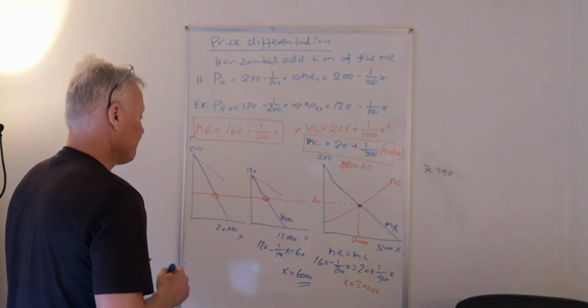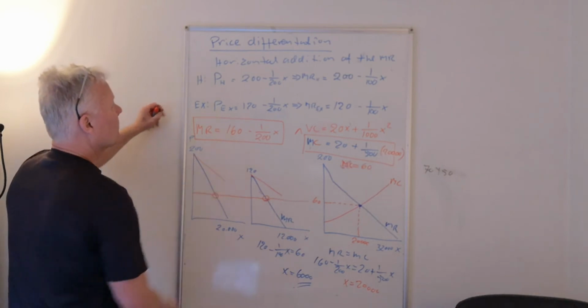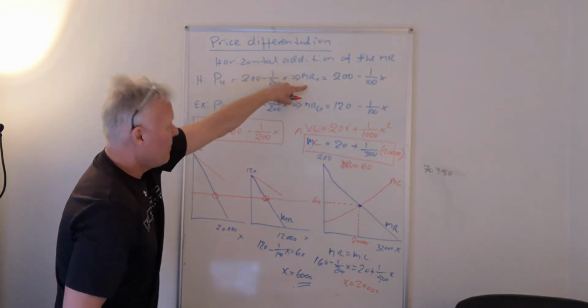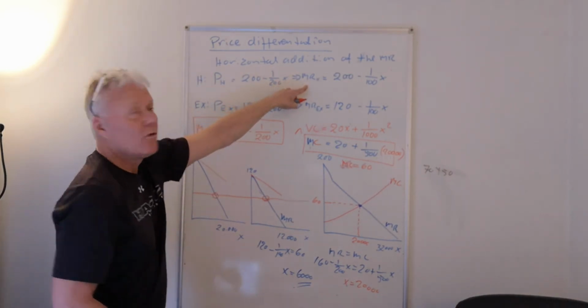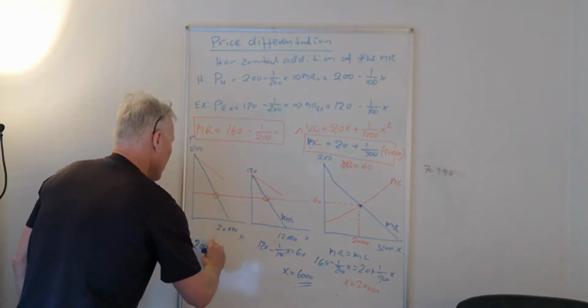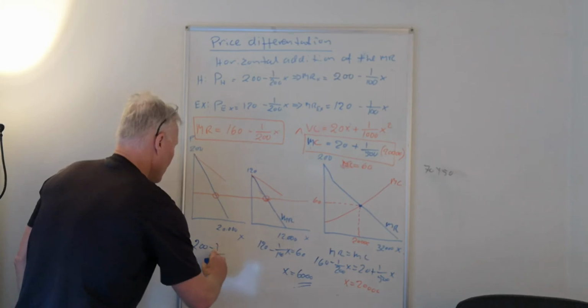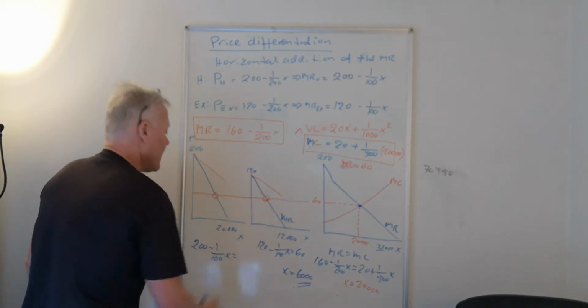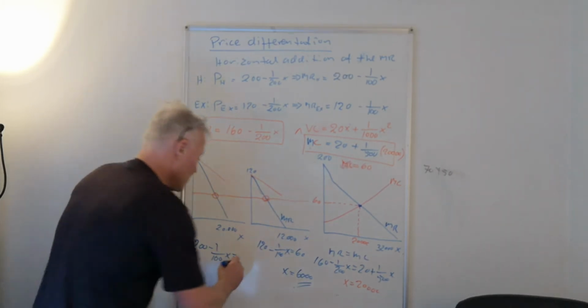And over here, I'll take the marginal revenue for the home market, which is 200 minus 1 over 100x, and it also has to be equal to 60.